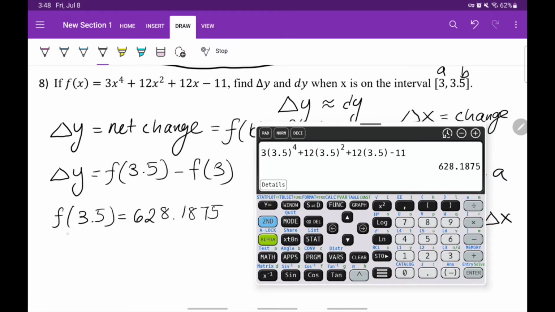Now, let's find f of 3. In the same way, we're going to replace our 3.5s with 3. So delete the 0.5 here, delete the 0.5 there, delete the 0.5 here, and that equals 376.